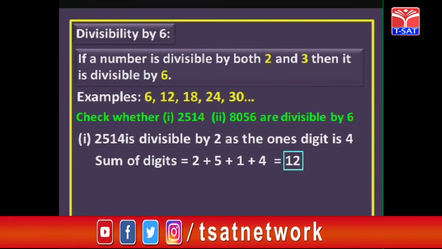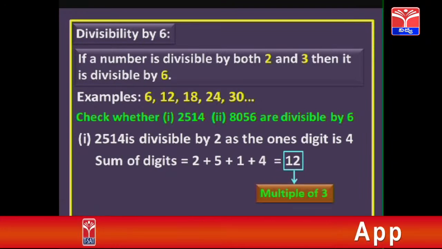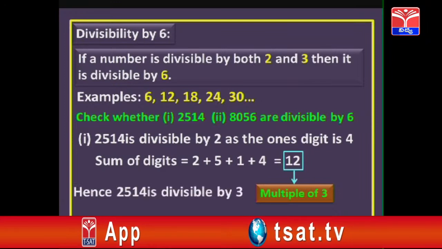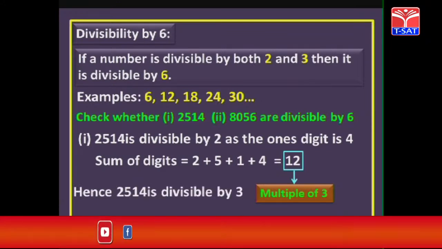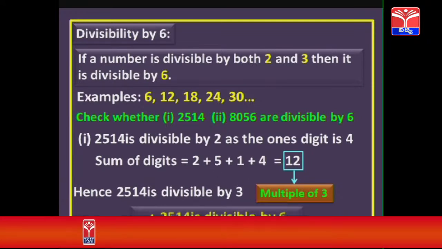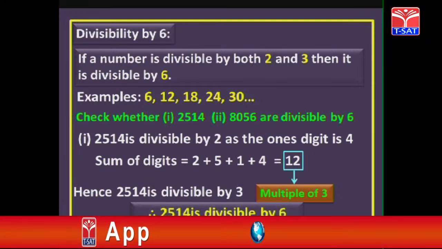Now is 12 a multiple of 3? Yes, it is divisible by 3. That means I can say 2514 is divisible by 3. Now if you notice, this number, 2514, is divisible by 2 as well as by 3. Hence I can say that 2514 is divisible by 6.